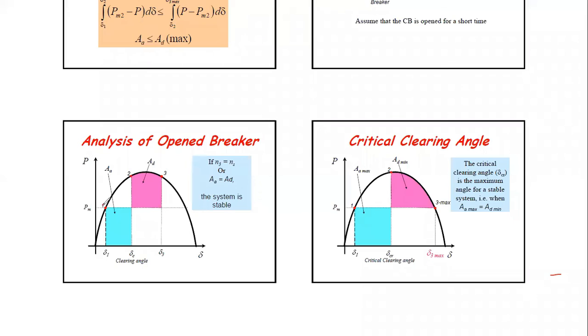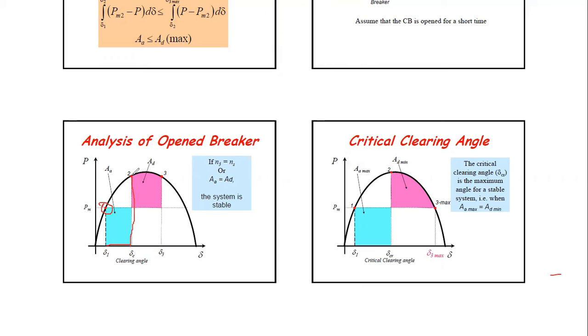The system is working under the normal condition at point A. When the breaker is open, the power delivered will be 0. For some time period it will continue, and at delta C it will once again be closed, meaning the breaker contacts are closed. So it is going to once again shift towards point 2.